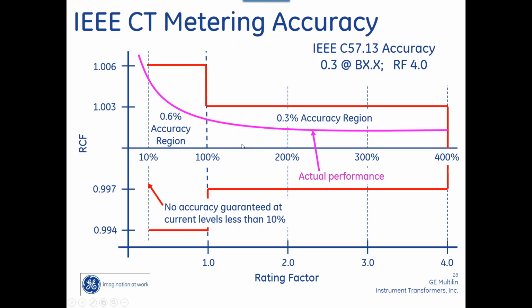I've actually got some utility customers who, if I've got 100 to 5, but I know I'm only going to see typically 50 to 75 amps, because I've got a rating factor, say, of 4, instead of using a 100 to 5 CT, they'll use a 50 to 5 CT. So now they're right here. They get into the accuracy range, and they've basically decreased the rating factor slightly.